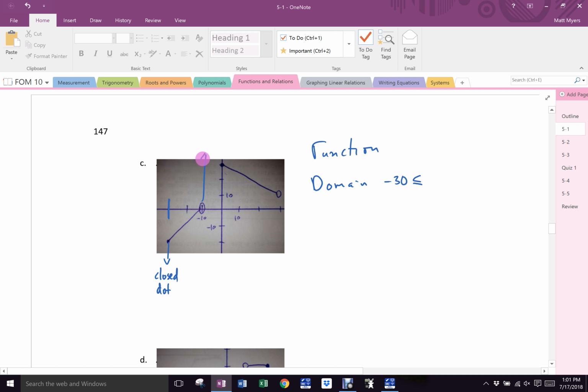What is this dot? That's an open dot. So is -10 included? No. So write x less than, with no equal sign, -10. This because it's a closed dot.